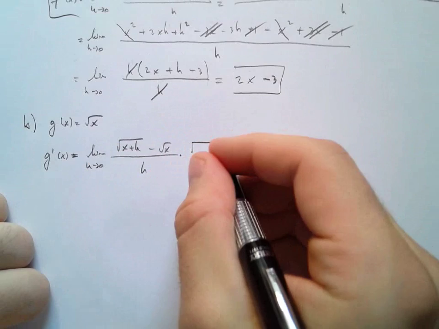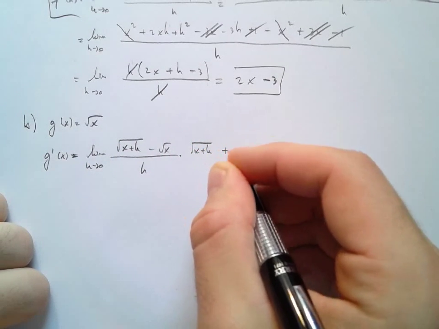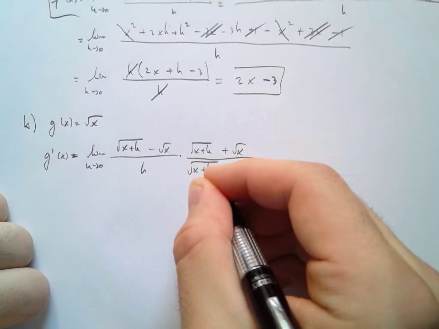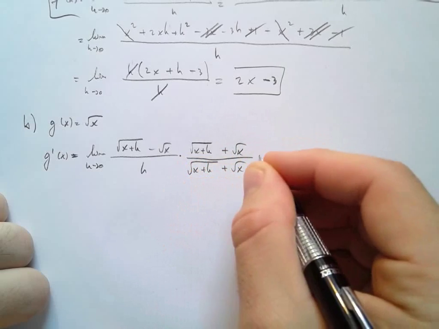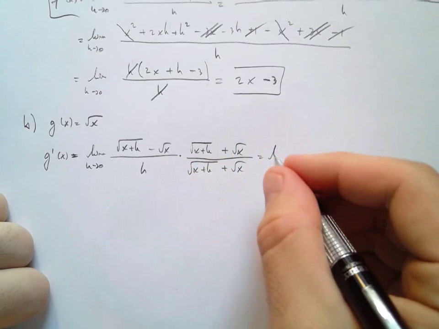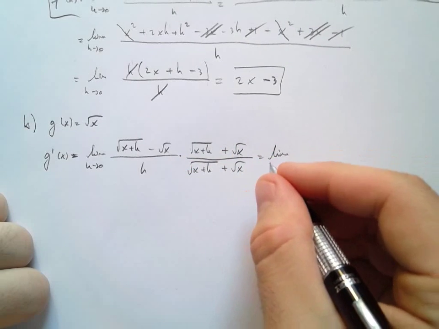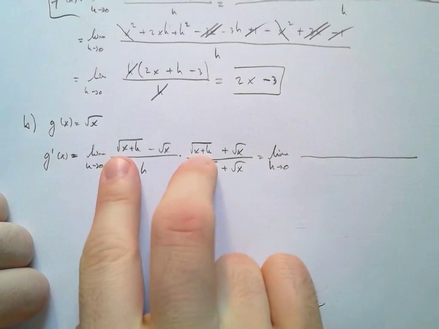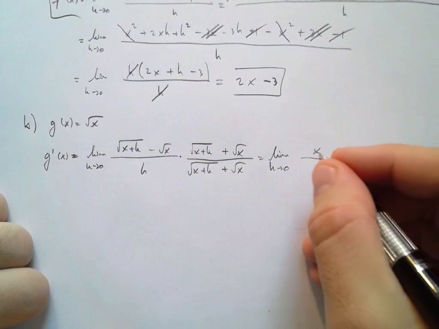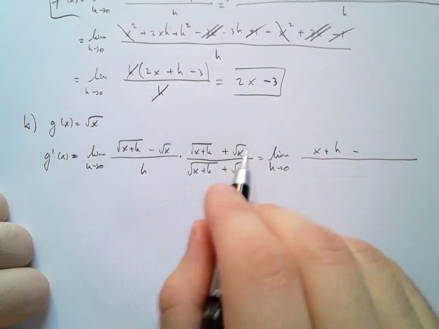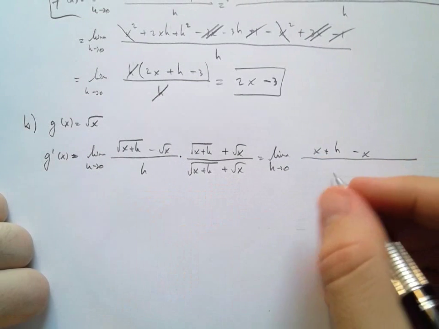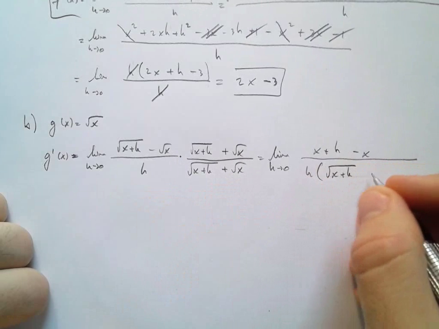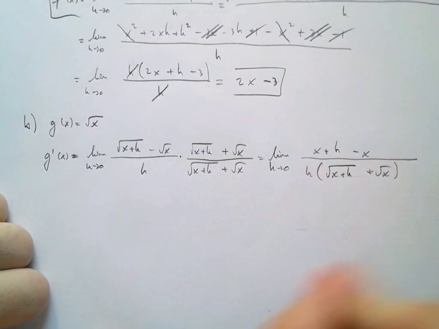So I multiply by root x plus h plus root x divided by the same thing. When I multiply the numerators, it's this squared, so x plus h minus that, all divided by h times the quantity root x plus h plus root x.